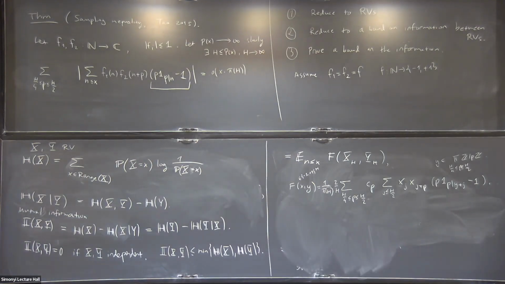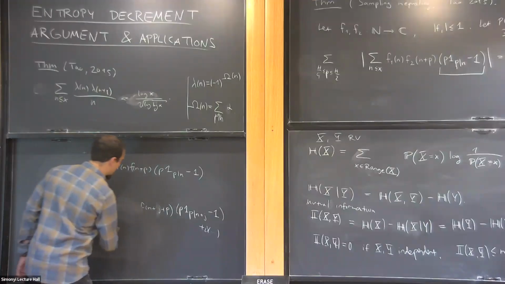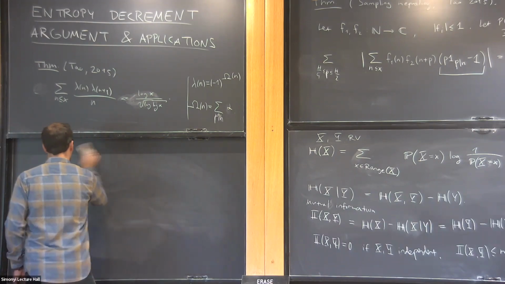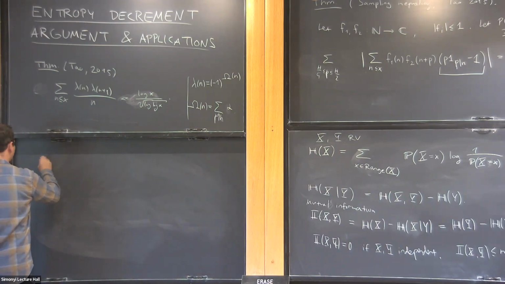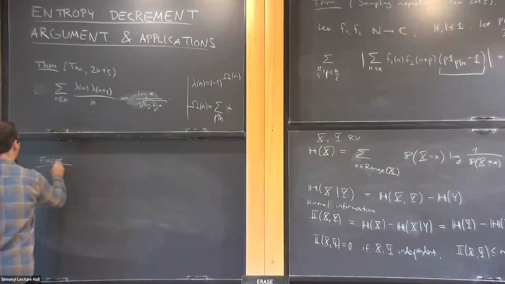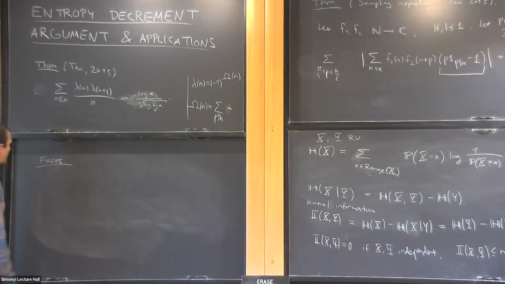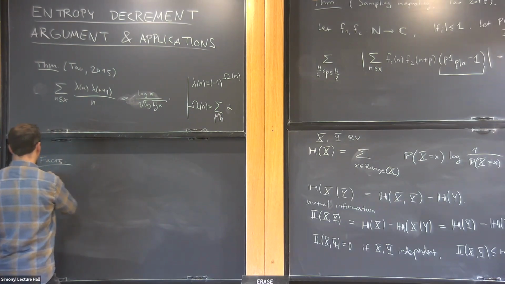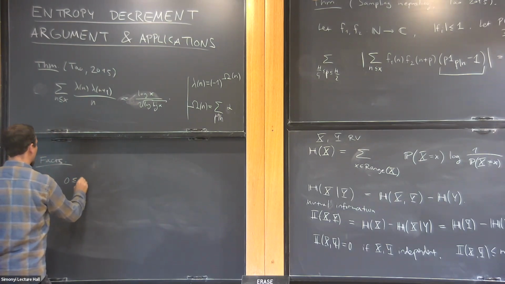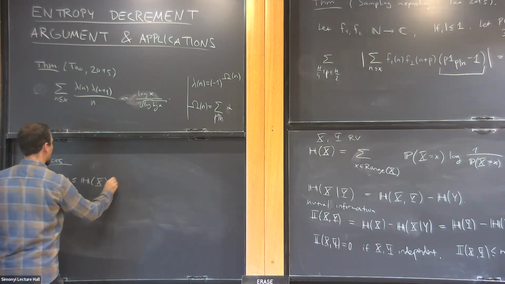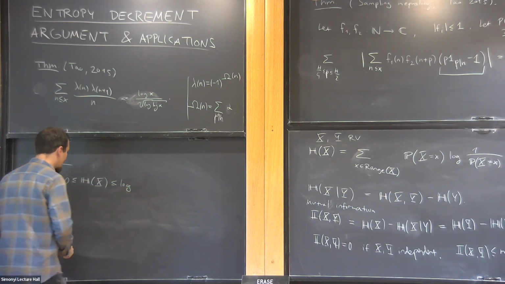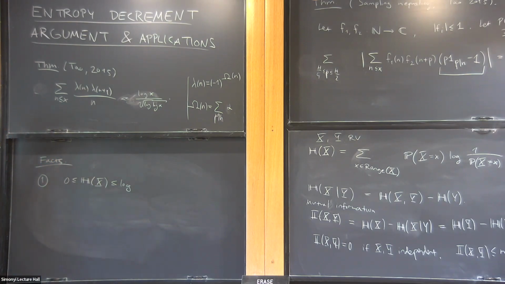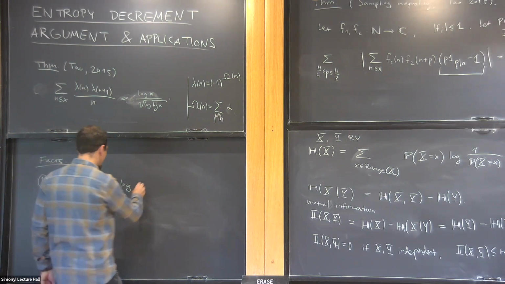Now, let me state a couple of properties of entropy that we're going to need for proving these two claims. Okay, so a few facts about entropy. First one: the entropy is always between 0 and the logarithm of the size of the range.